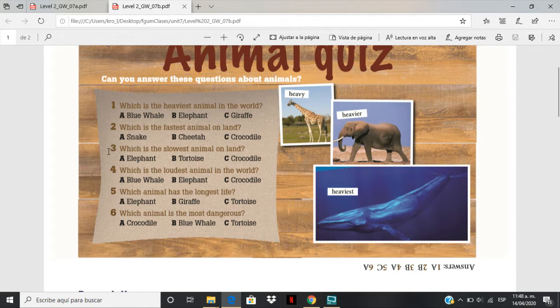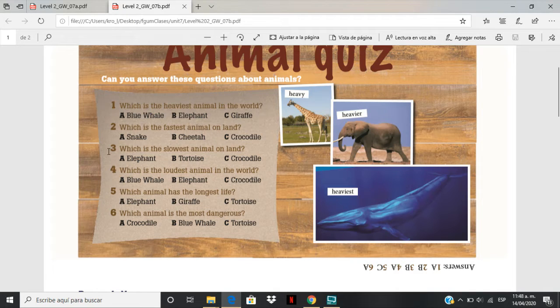Yes? For 3, the answer is B. The tortoise is the slowest animal on land. For 4, the answer is A. Yes? Blue whale is the loudest animal in the world. It makes a lot of noise. Do you know what noise is, right? Noise. So the whale is noisy. Yes?